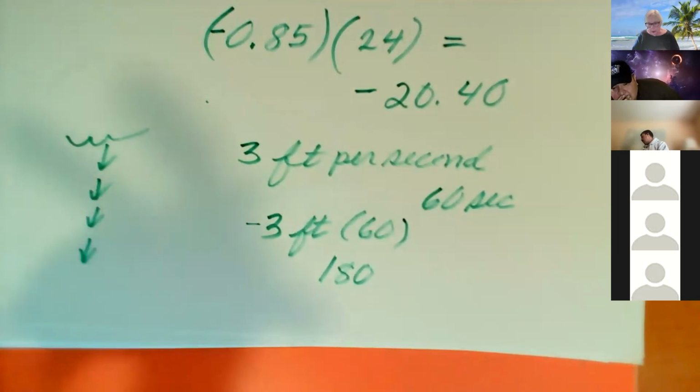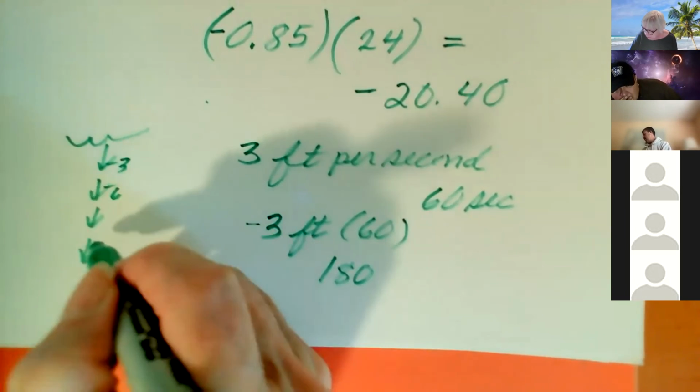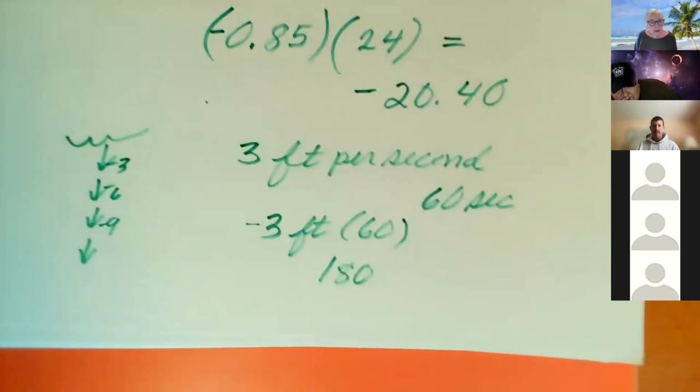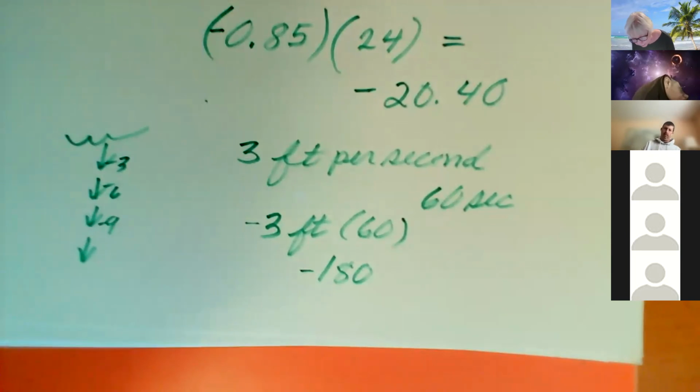This is 3 feet down, this is down 6, this is down 9 feet. So this would actually be down 180. It's a way to explain being below sea level. How's that? Okay.